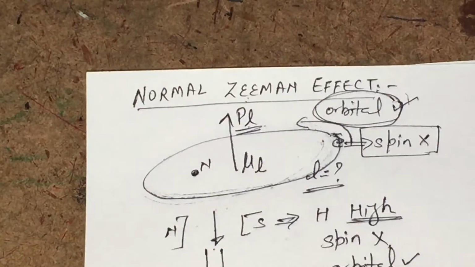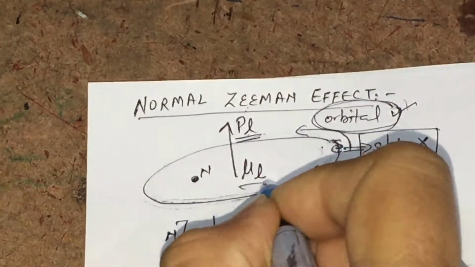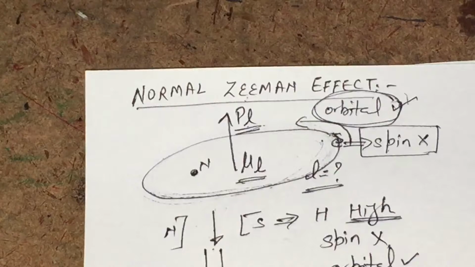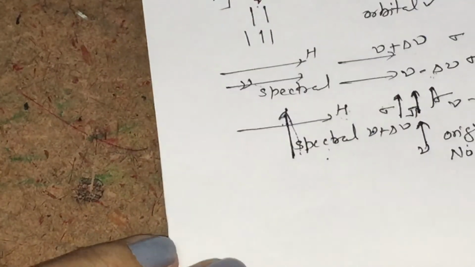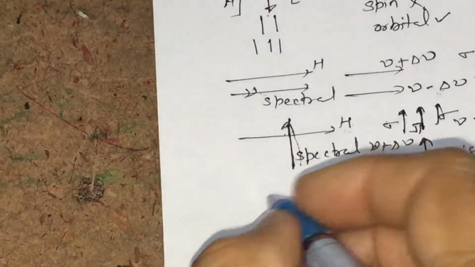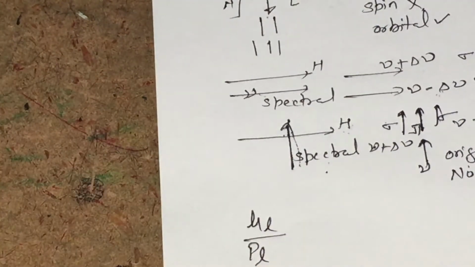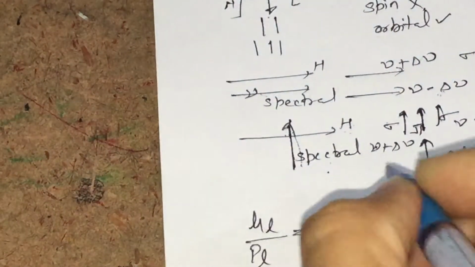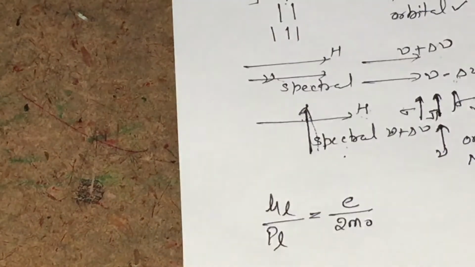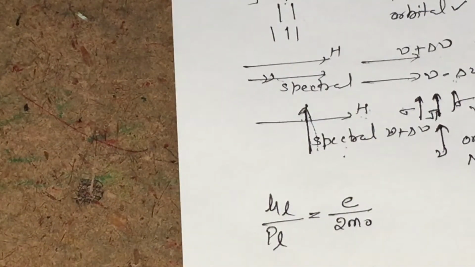This is our orbital magnetic moment, which is represented here by mu L. In our vector atomic model, we very well know that the ratio of magnetic moment to mechanical momentum is given by e divided by 2 m naught, where e is the charge on an electron and m naught is the rest mass of an electron.